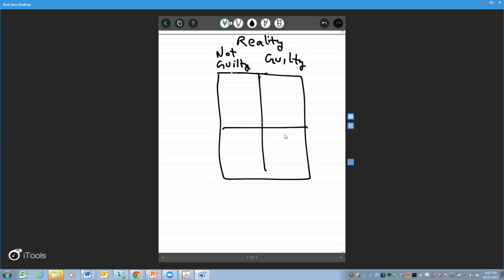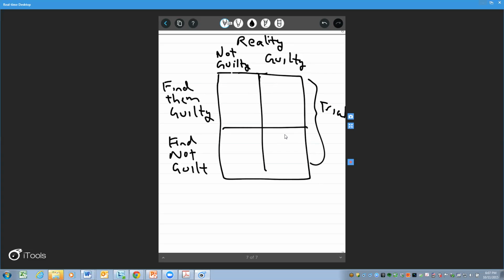Now we have the results of the trial. The results of the trial will either find them guilty or we find them not guilty. Okay.